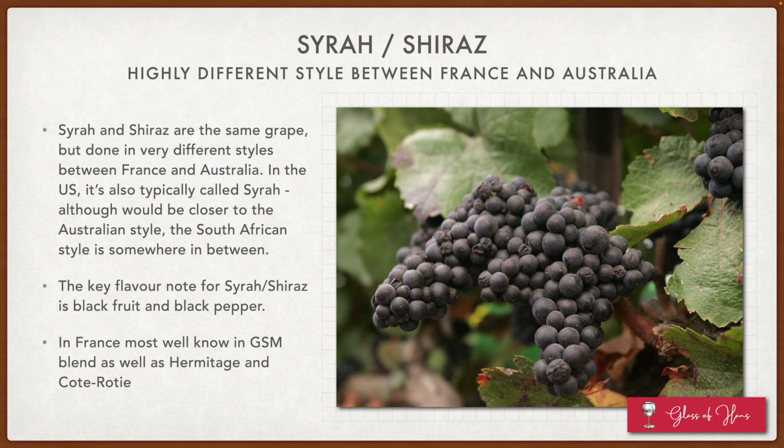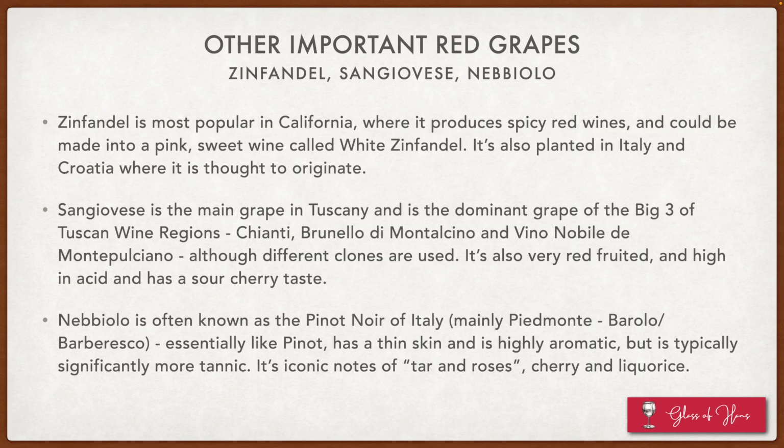And the key flavor note for Syrah or Shiraz is the black fruit and black pepper. In France, it's most well known in GSM blends, as well as Hermitage, which is 100% Syrah, and Côte Rôtie, which is mostly Syrah and co-fermented with Viognier, as mentioned earlier.